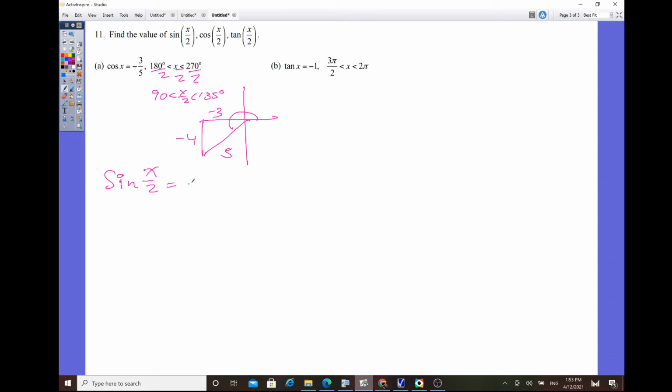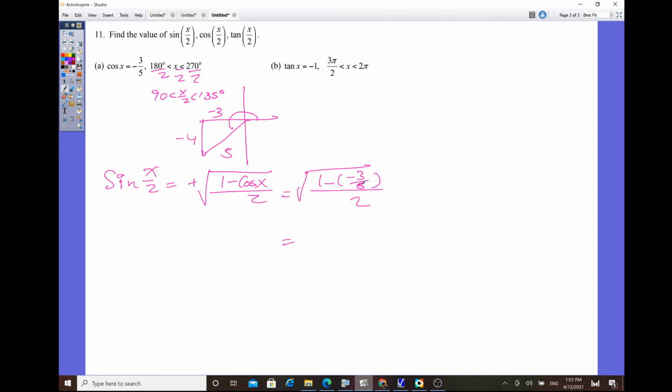Okay, so quadrant 2 back here. So sine is positive. So square root of 1 minus cosine of x over 2. So square root of 1 minus cosine of x, which is negative 3 over 5, and then all over 2. So combine them.